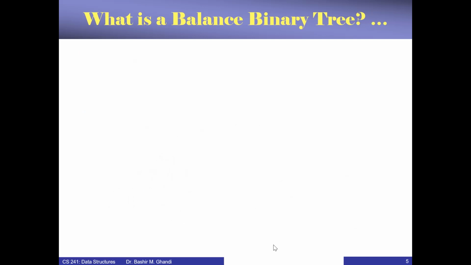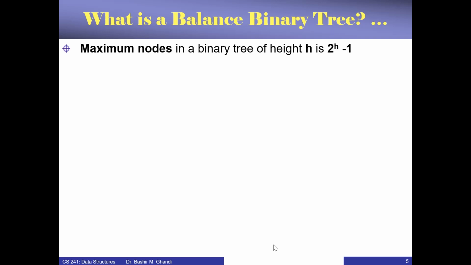Now, what is the advantage of being balanced? To see that, let us take these 2 nice formulas. The first one says the maximum nodes in a binary tree of height h is 2 to the power h, minus 1.